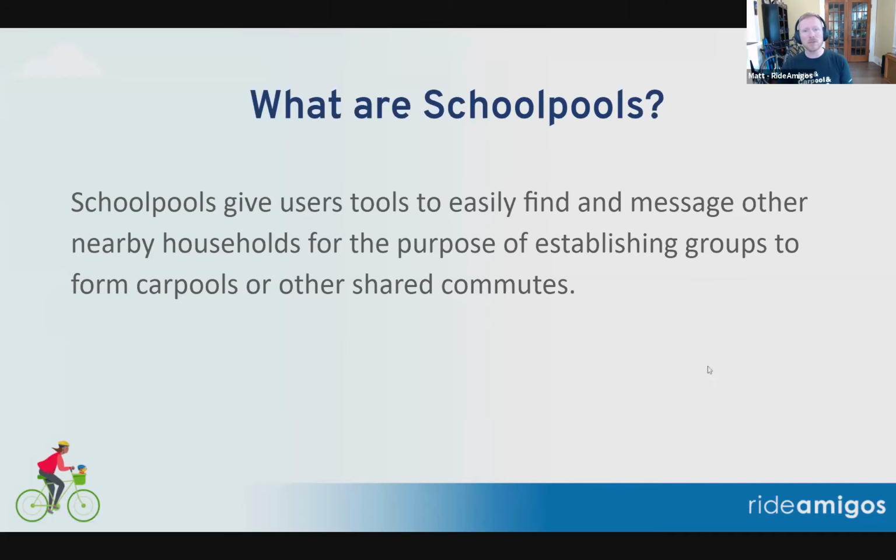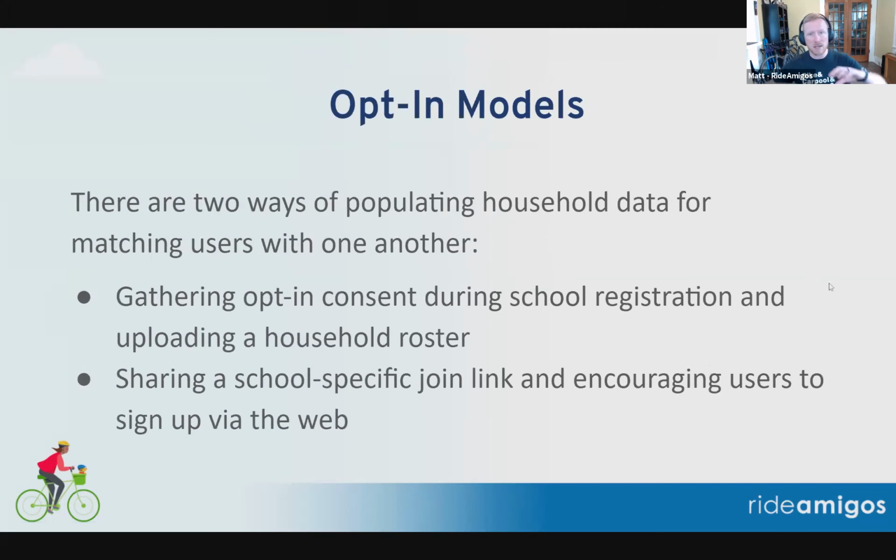Now, as we're starting to look at school pool programs and the concepts around here, one of the main things that we always like to emphasize is that school pools really work best when run as a variation of an opt-in model. There are two primary ways that we generally see this done through the RideAmigos tool. One is to gather opt-in consent while users or parents or households are registering for the school year.